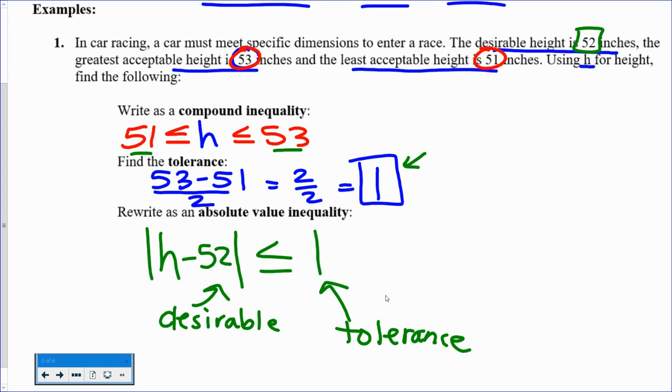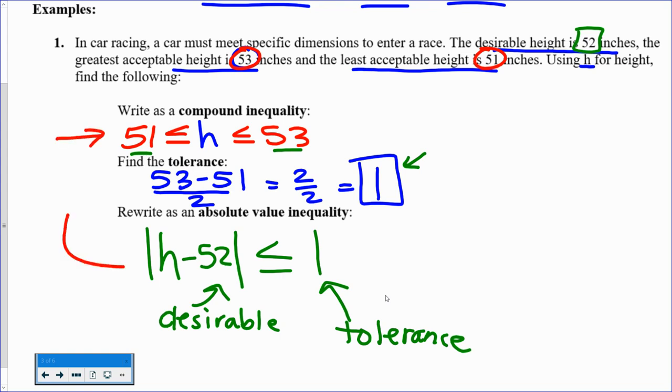And that's going to be the setup for every single problem when you're writing that absolute value inequality. Okay, we're always using less than or equal to because we do not want to go over the tolerance. Okay, you don't have to solve this because we're kind of working backwards.